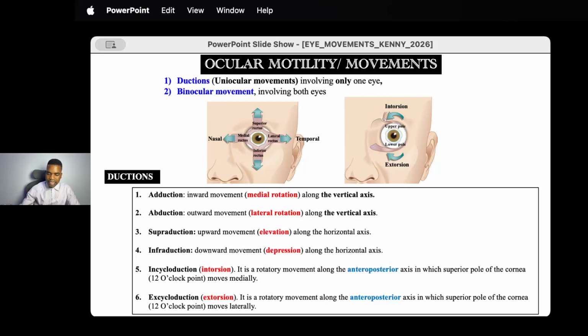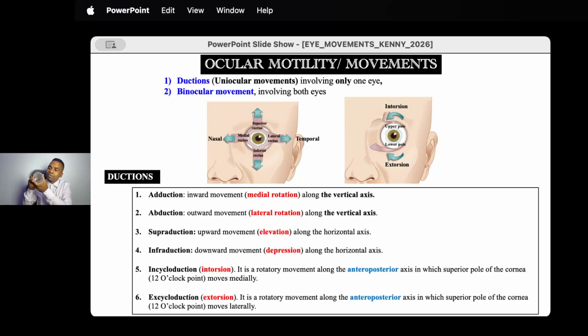You probably never heard of this one. So you assume the globe to be like this one. This is a globe, yeah? And at the globe, we have the 12 o'clock position, this position here. So when the eye rotates in the anterior posterior plane and the 12 o'clock position moves medially, it is called intorsion.